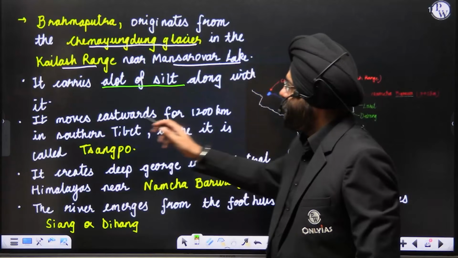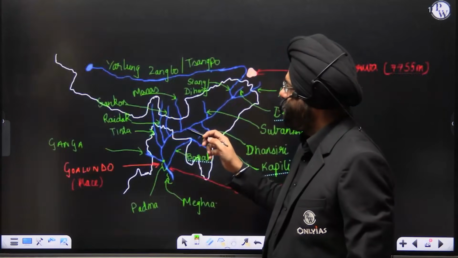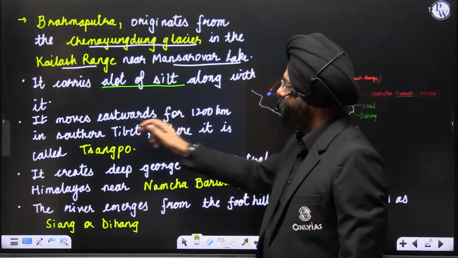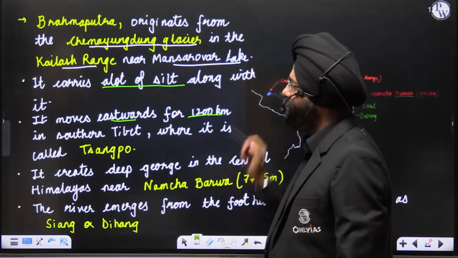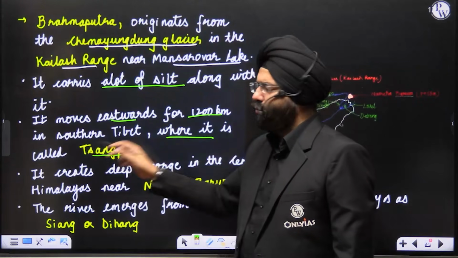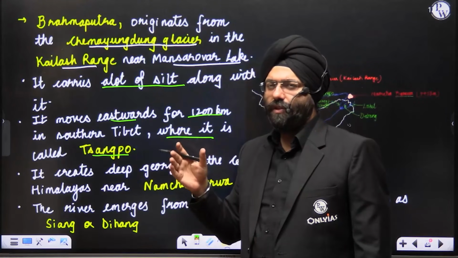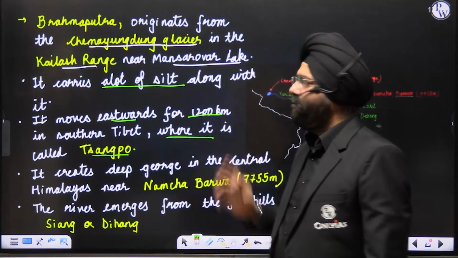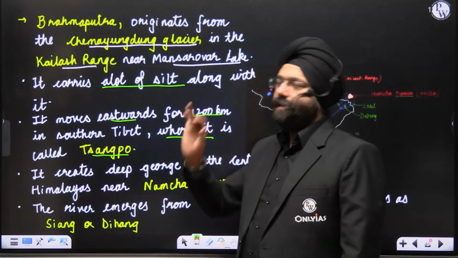So it moves eastwards. You realize this, it is moving eastward, right? It is moving eastwards for 1,200 kilometers in southern Tibet, where it is called Tsangpo. So can I say that in the Tibetan region, or what is known as the autonomous part of China, it is moving for 1,200 kilometers there.